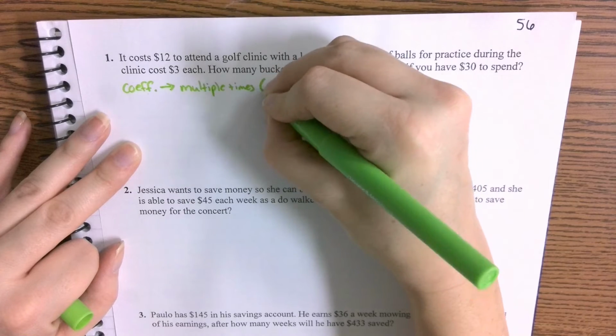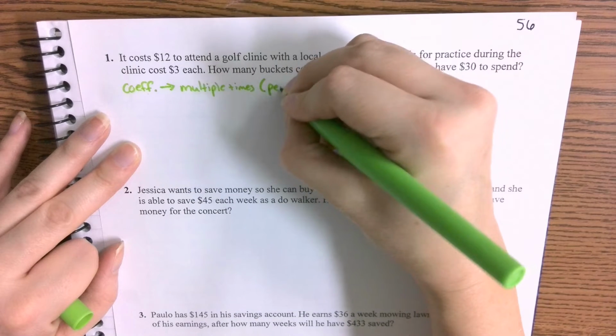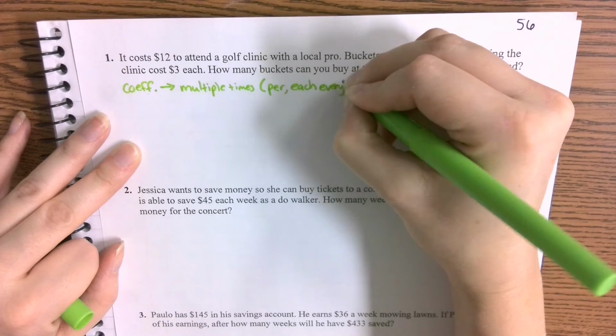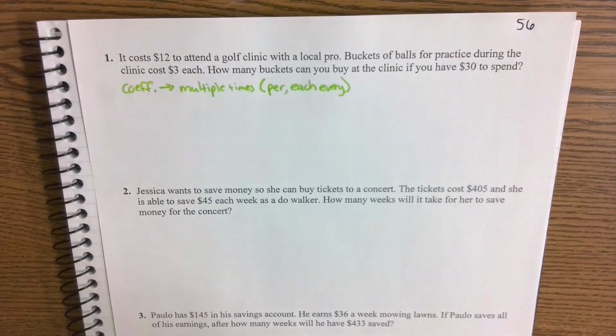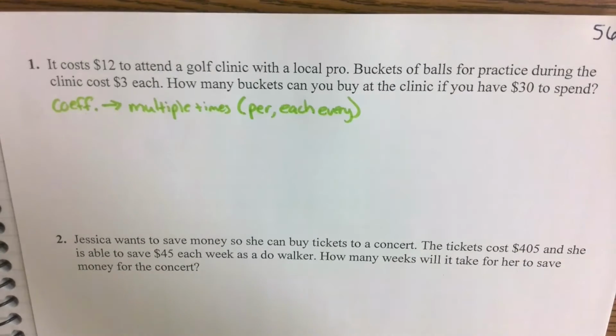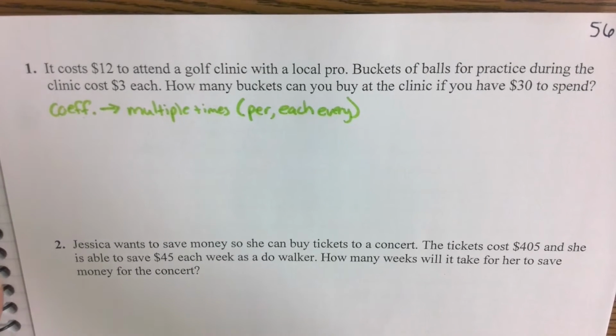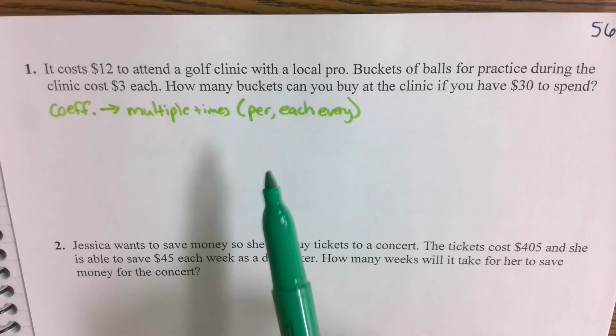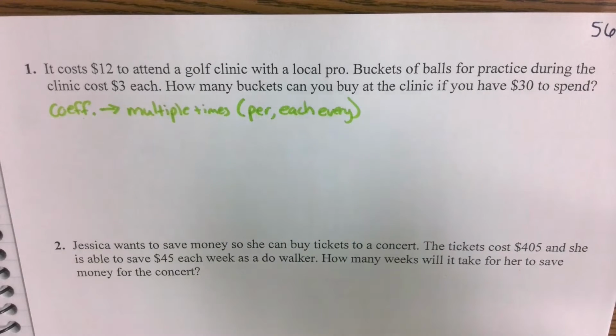And typically we look for those key words like per, each, and every. So in this case, which number up here is going to be my coefficient? Where do we see the words per, each, or every with a number?